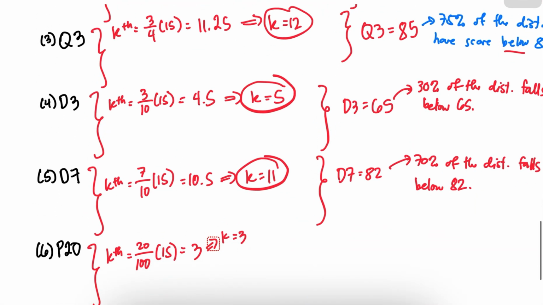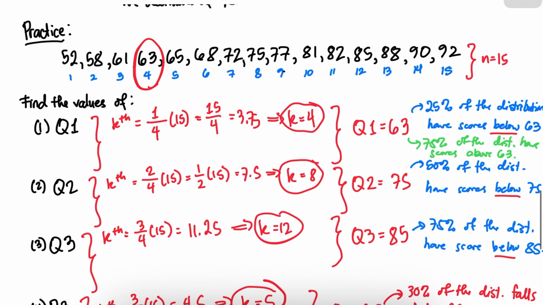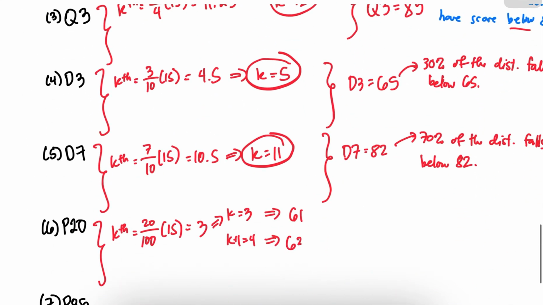61. While the k plus 1th, which is equal to 4, the fourth number is 63. Okay, let's do that. 63. Now, in order for us to get the P20, we need to get the average of 61 plus 63 divided by 2.